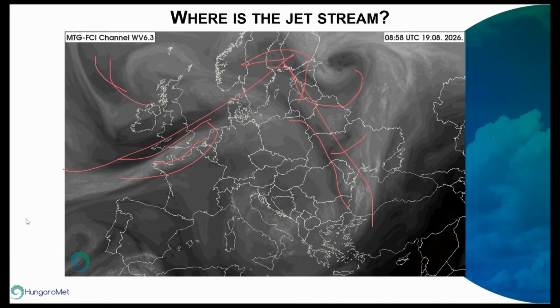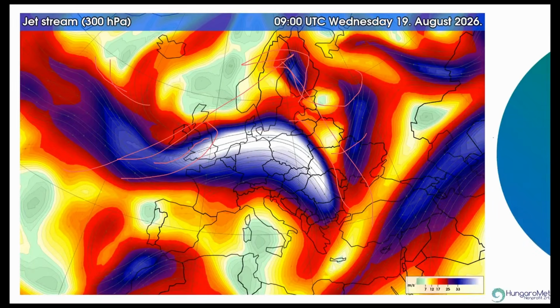Amazing. Let me switch to the next slide, where we have the jet stream forecast from ECMWF. This is around the area where, on the previous image, you could see a harsh change between the high water vapor content areas and the low water vapor content areas due to the turbulence mixing.